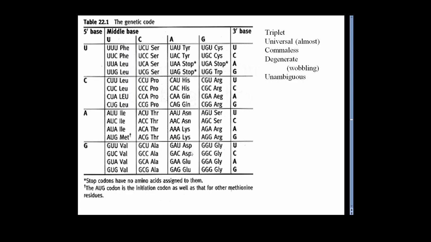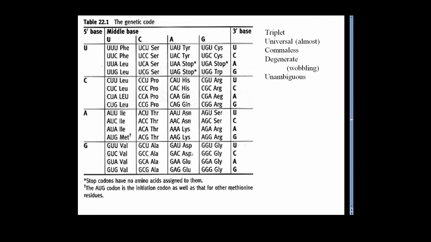And about the genetic code. It is the correspondence between the sequence of nucleotides and the sequence of amino acids. And now you can see the cytoplasmic genetic code and some details.